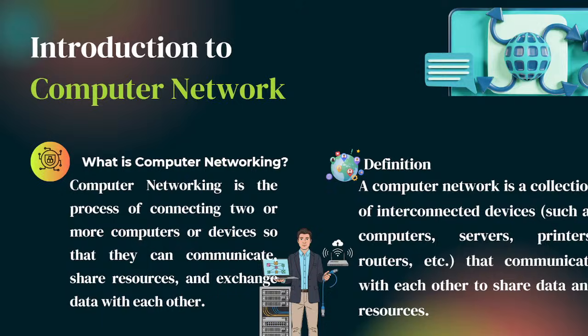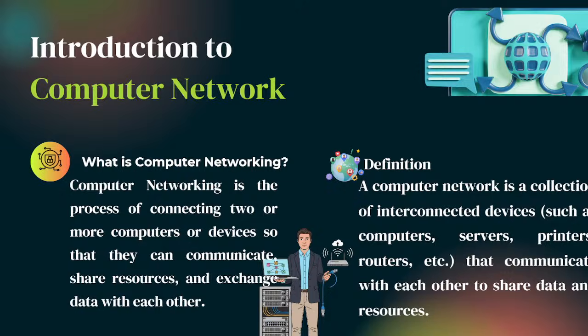And it allows them to exchange information. So in general, if we say what is computer network, the meaning is there in front of you, that is computer network is the process of connecting two or more computers or devices so that they can communicate, share resources and exchange data with each other.